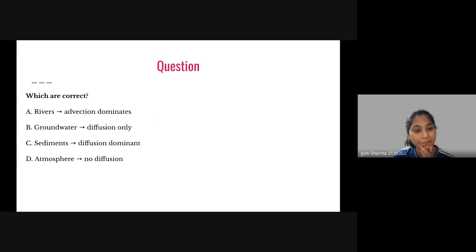We have different compartments, and in different compartments, what kind of movement or mass transfer do we have? So let me give you, in the river, this is the river, the river is flowing, right? The river is always flowing with a velocity, right?